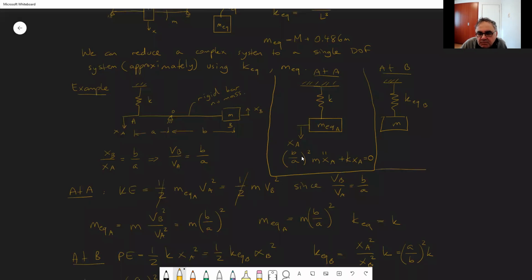And for the B equation, it will be M XB double dot plus A over B squared K XB equals 0.